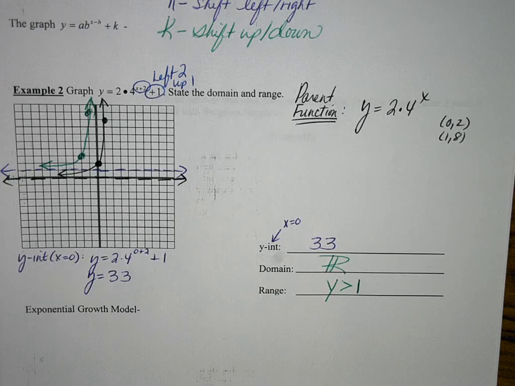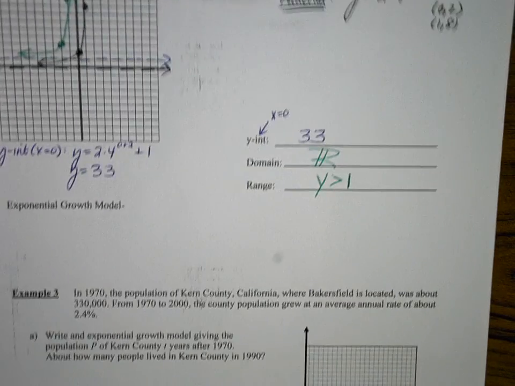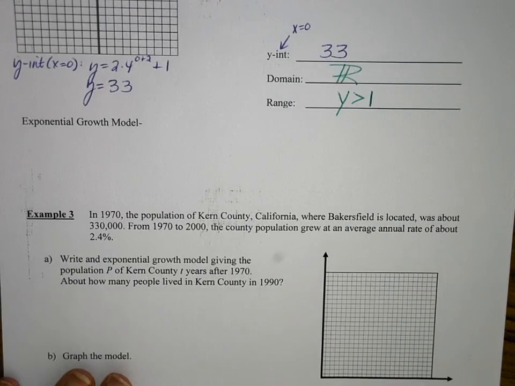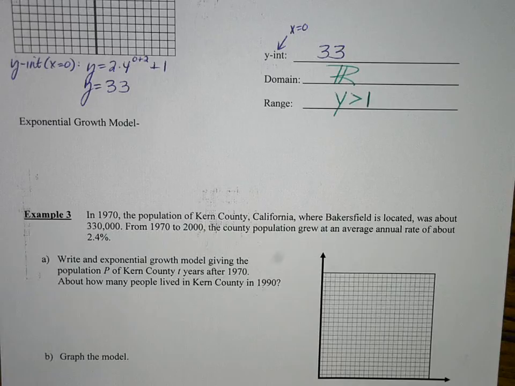All right. Now, where do we use this in the real world? Exponential functions are used everywhere. When we are changing by percents, when things are increasing or decreasing by percents, this lends itself to exponential functions.